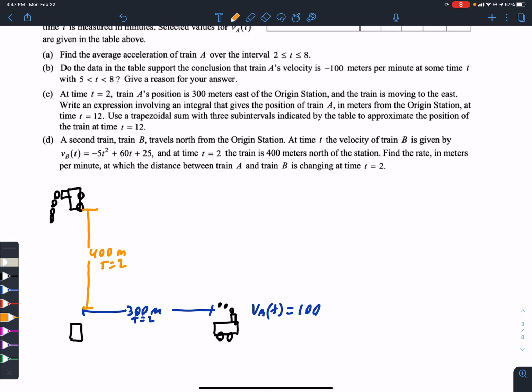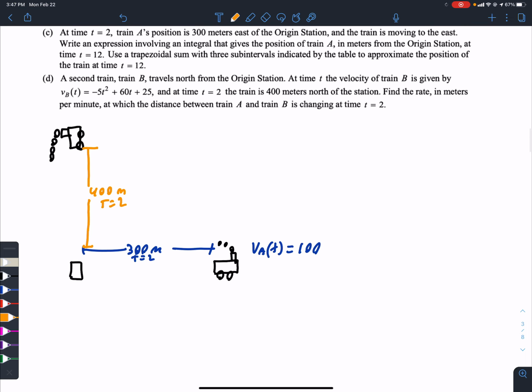And let's keep going here. Okay, we have a few things we've got to take care of. So what's changing? This is a velocity of train A. Some distance is changing over time, and I'm going to claim it's this distance. So in creating this triangle with the station, we're going to call that distance x. You can call it A for train A, B. I like x because it's the x direction.